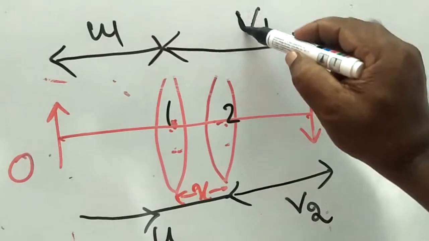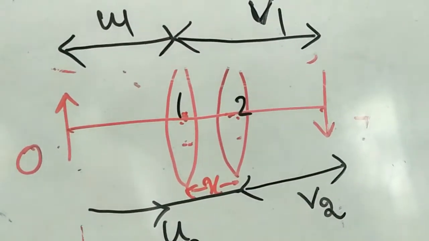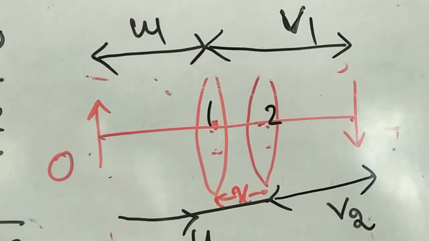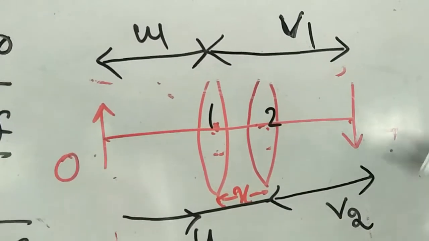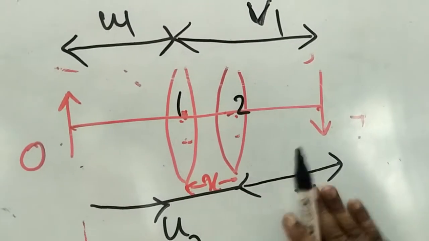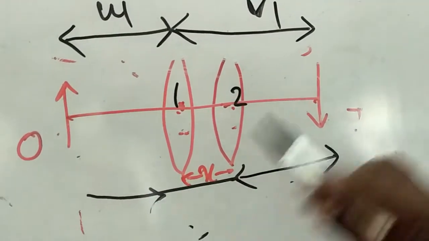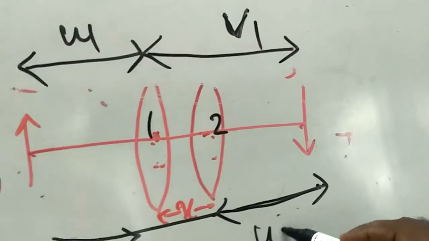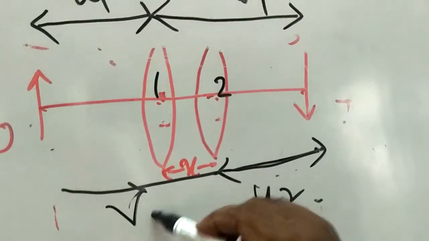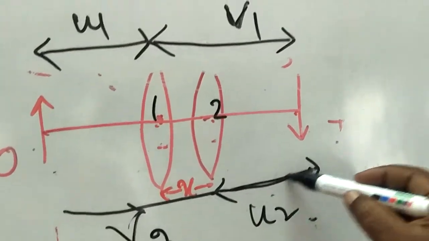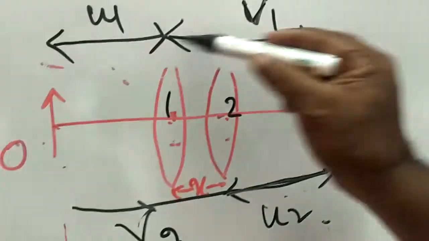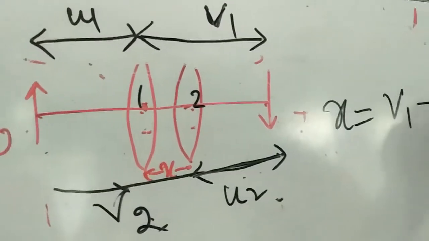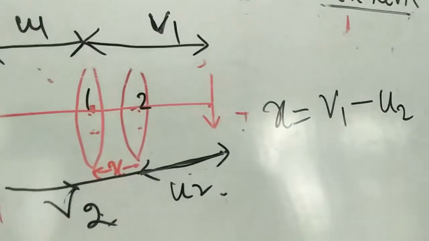Our aim is to calculate the value of the displacement x. So this distance is u2, this distance is v1, and the displacement x can be written as v1 - u2.